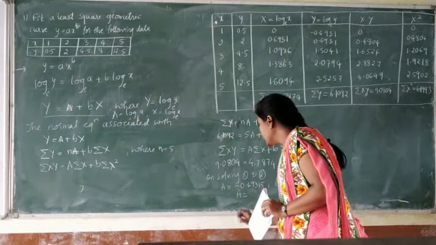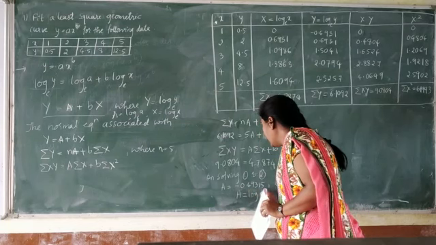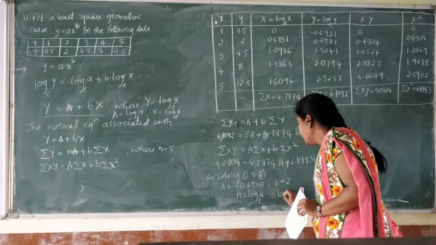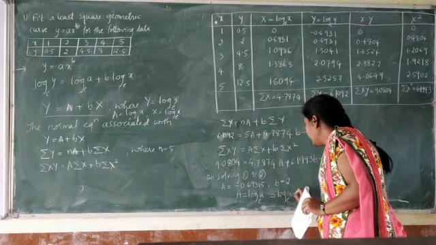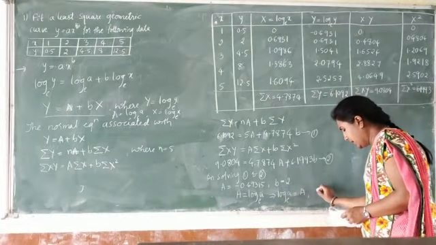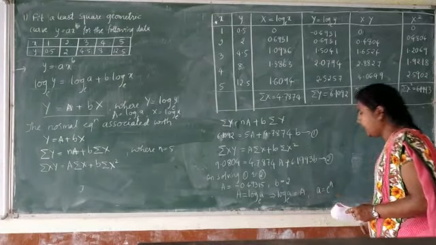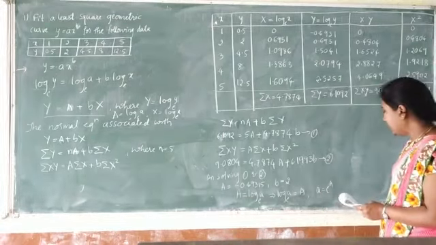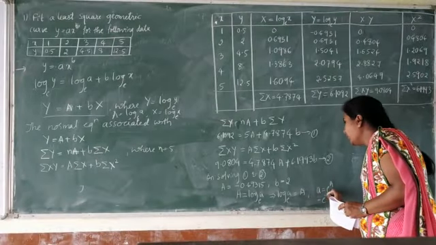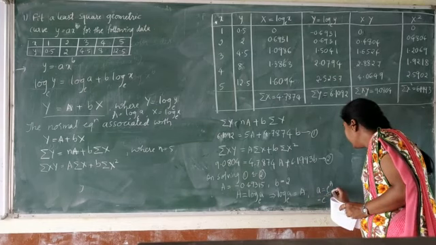For that, we know that capital A is equal to log a to the base e, and by the definition of logarithm, you can write a is equal to e raised to A, which is e raised to minus 0.69315.